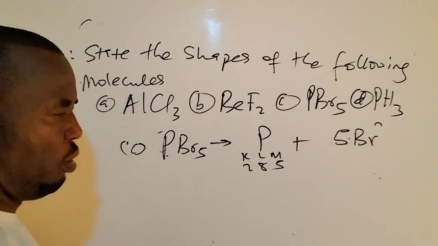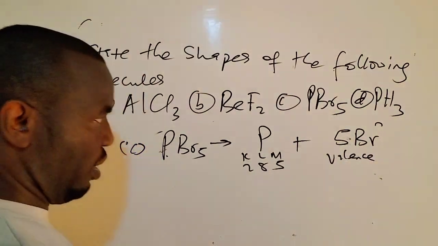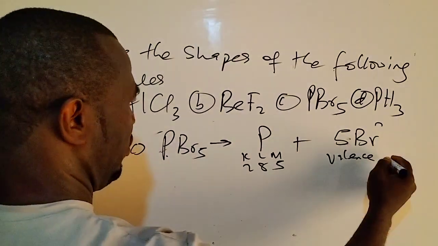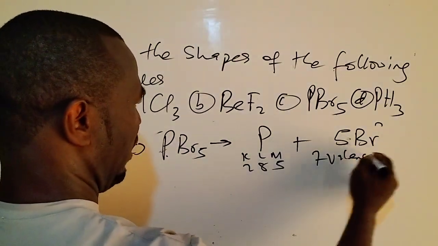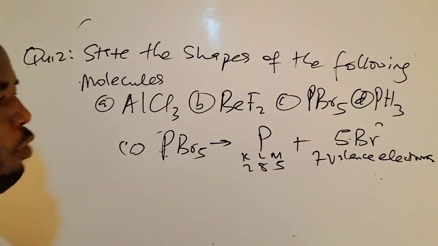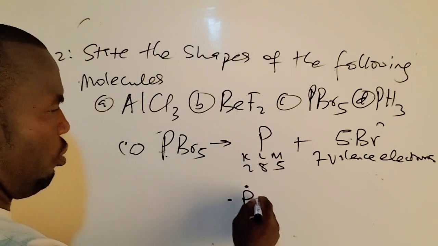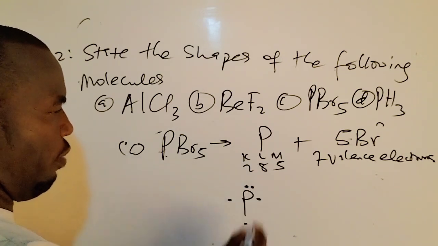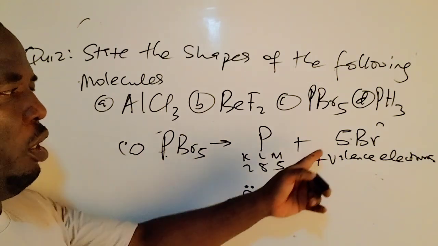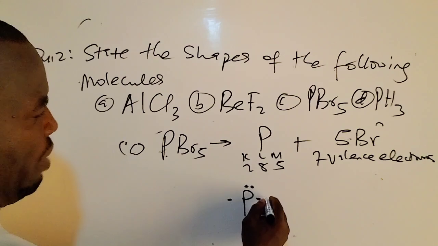Bromine is a halogen, and the valence electrons of bromine is 7. That's easy for you to do. So phosphorus has 5: 1, 2, 3, 4, 5. Bromine will require 1. It's a halogen. It needs 1 extra electron.